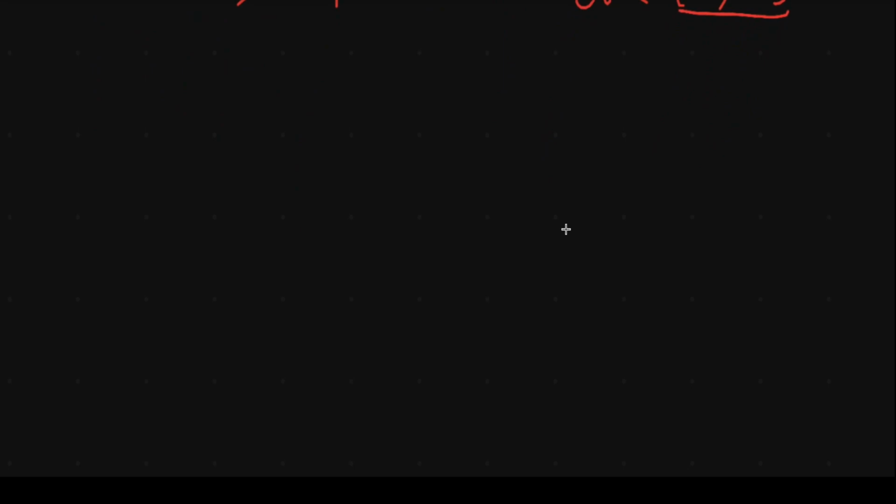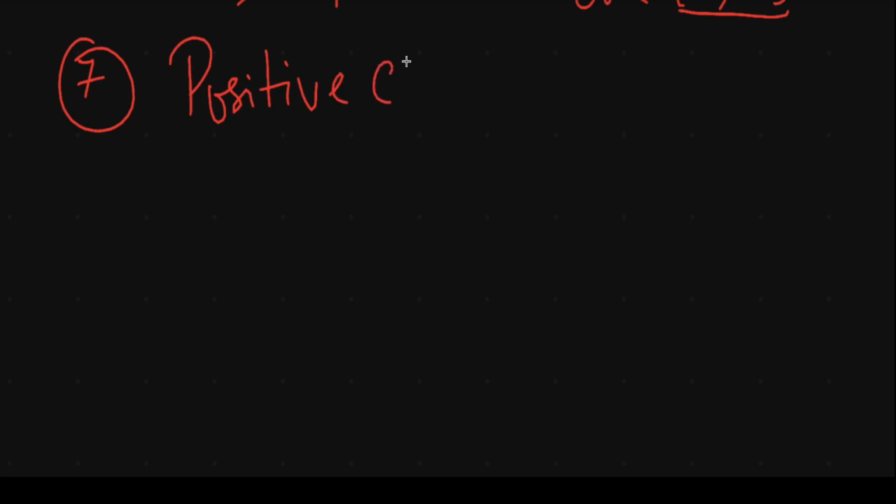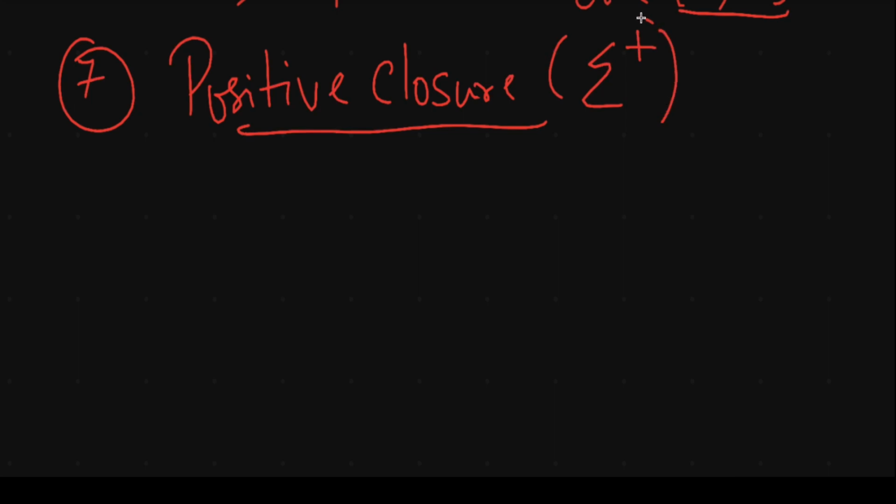Till then, let's dive into another topic, which is positive closure. There is a very small difference between Kleene closure and positive closure: it is denoted using plus. In Kleene closure we had star, in positive closure we have plus. So what is positive closure?